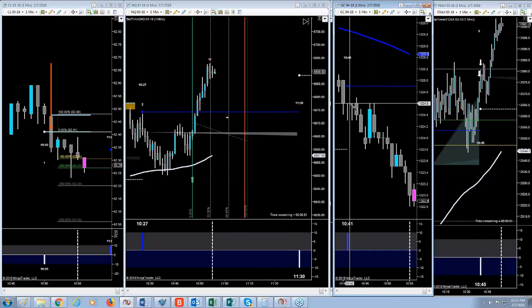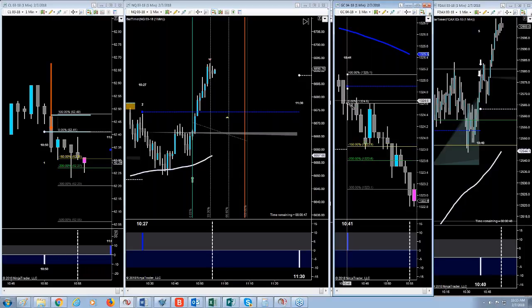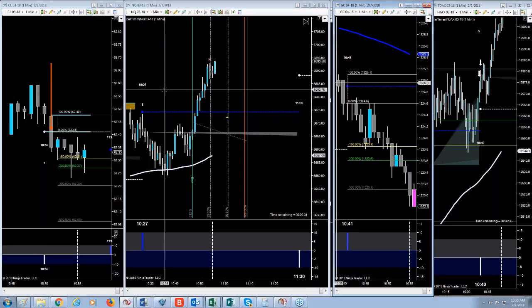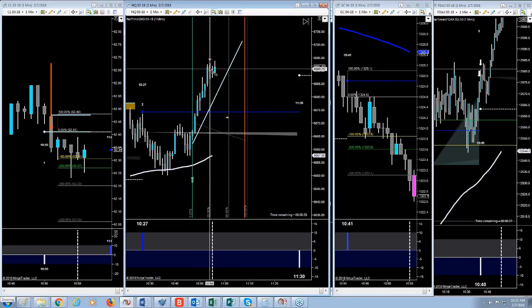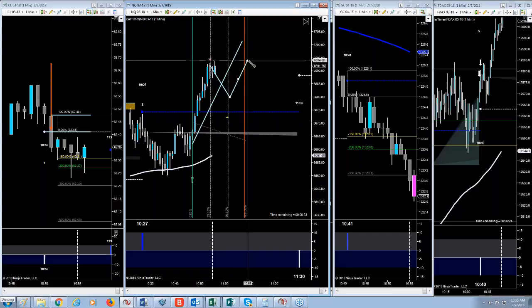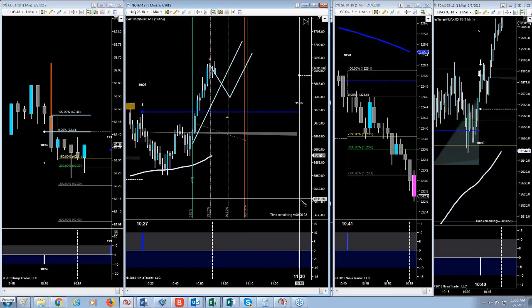Your entry was at 6, which means your minimum stop is 0.1, with a 10 tick exit at 23.6 using the trend continuation signal. NQ, I'm anticipating we're up until here with a potential pullback here on the NQ.